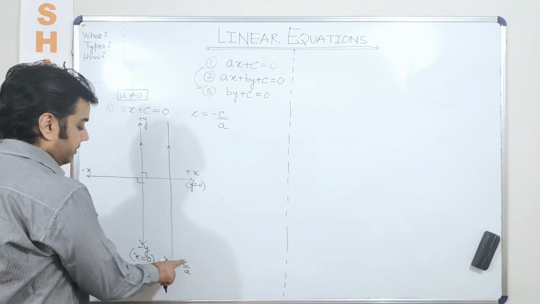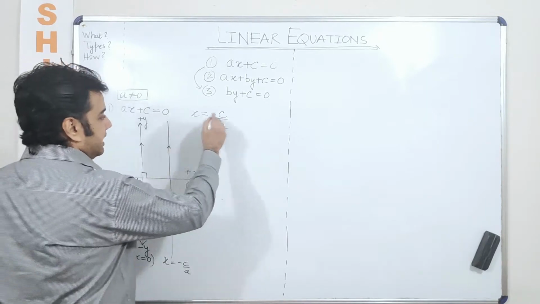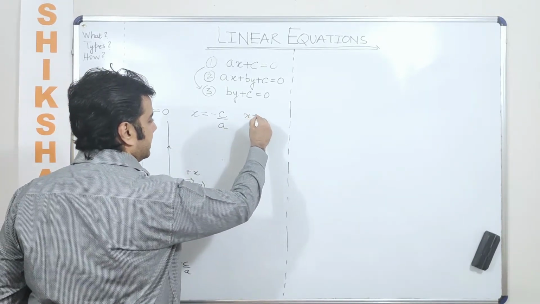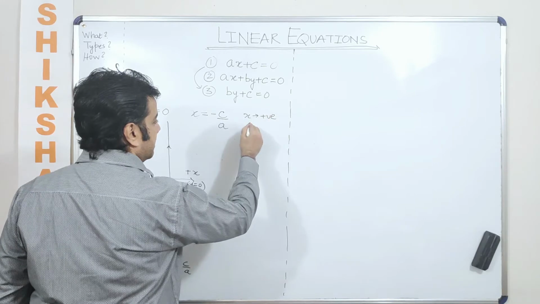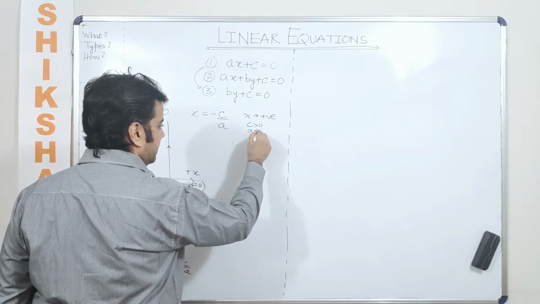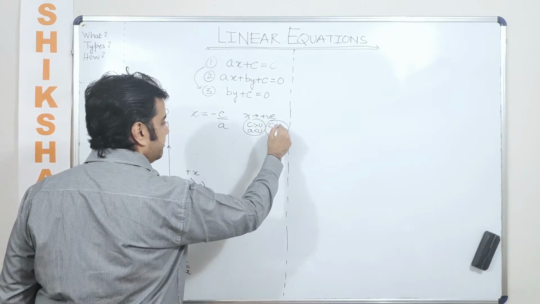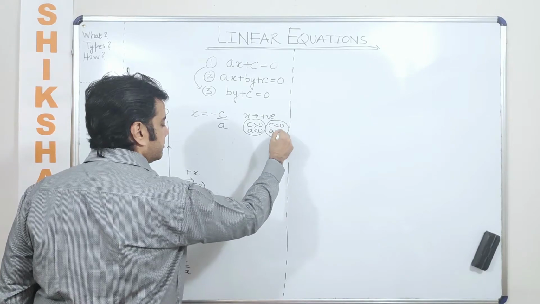So for x to be positive, either c has to be positive with a being less than 0, or c has to be negative and a is positive.